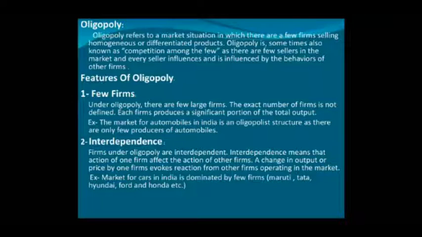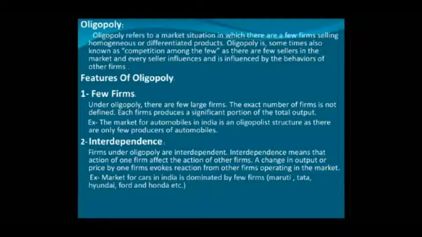Second, interdependence. Firms under oligopoly are interdependent. Interdependence means that action of one firm affects the action of other firms. A firm considers the action and reaction of the rival firms while determining its price and output level. A change in output or price by one firm evokes reaction from other firms operating in the market.